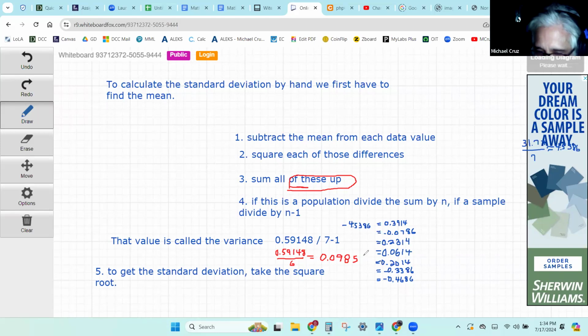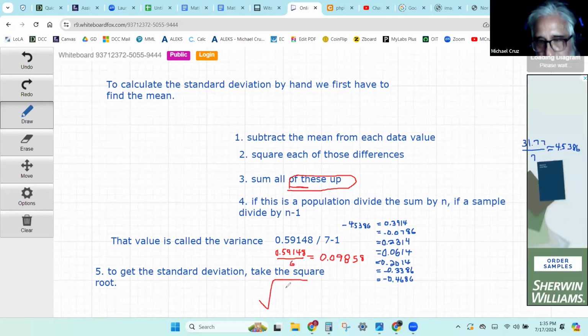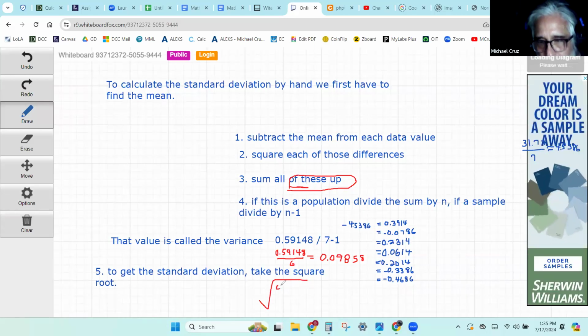Okay, that's the variance. So the last step to get to the standard deviation is just the square root of that.